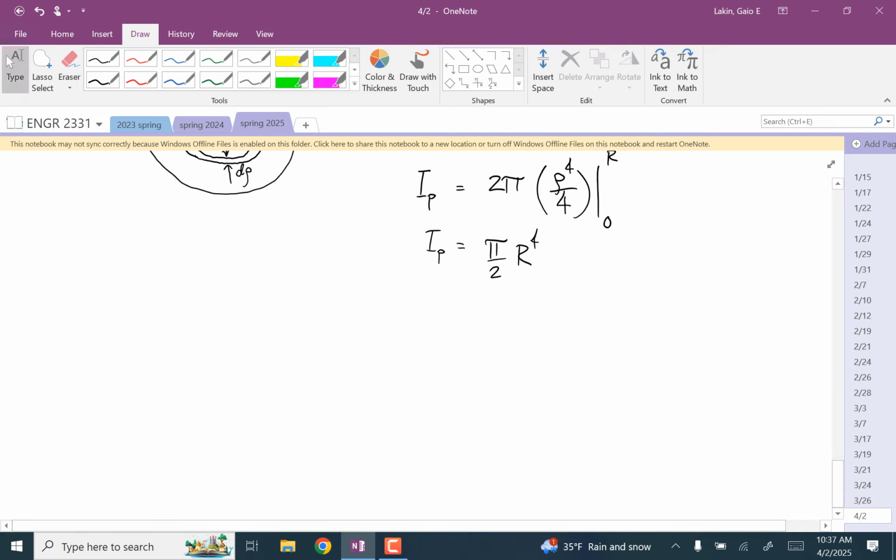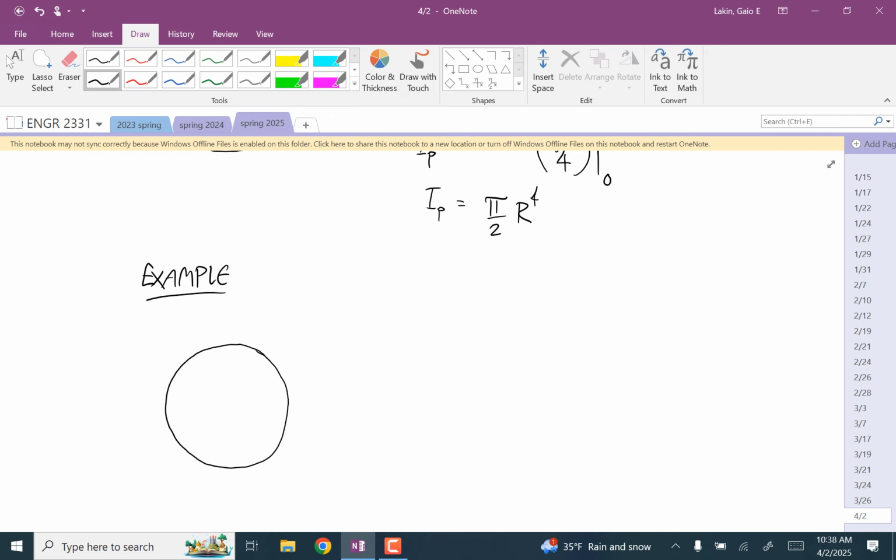Example. Okay, so here is the cross section. Let's say, I guess we're going to just do an easy one here.